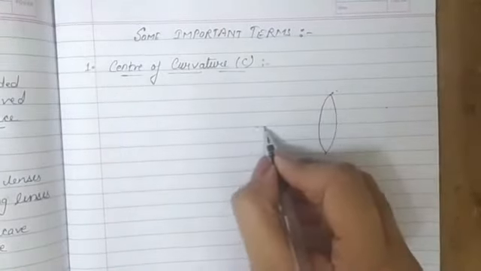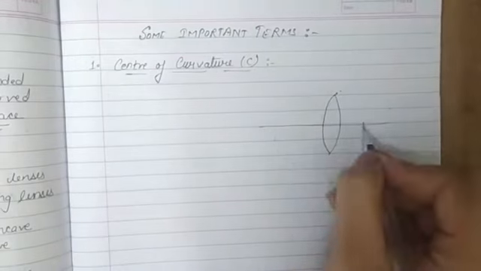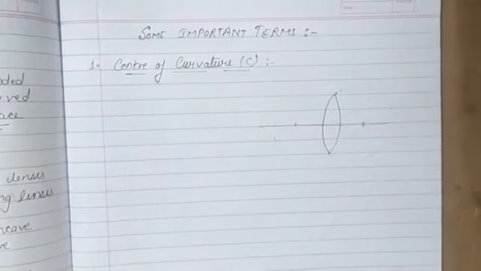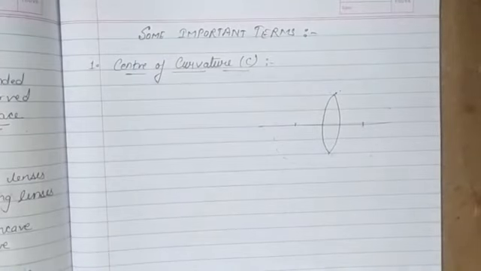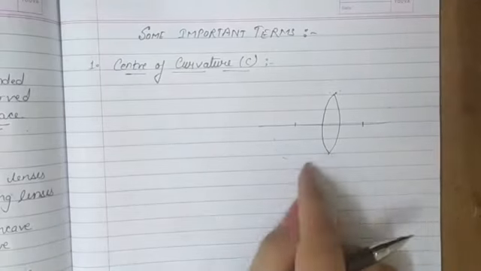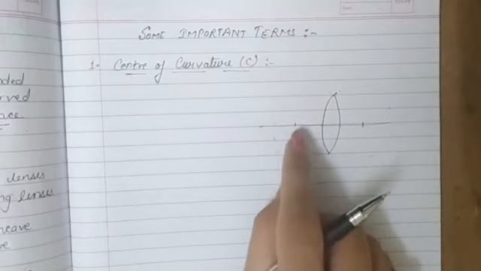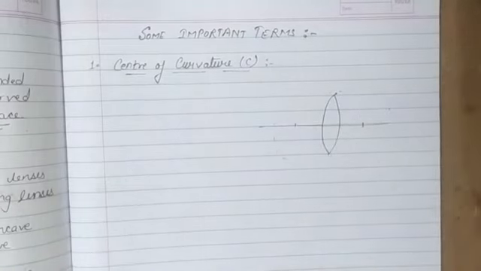Now the center of these spheres, the spheres from which we have cut them, the spheres of which these surfaces are a part, is called center of curvature. Means the sphere of which this lens or this spherical surface is a part, its center is called center of curvature.